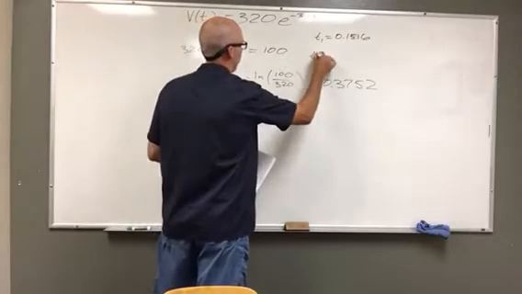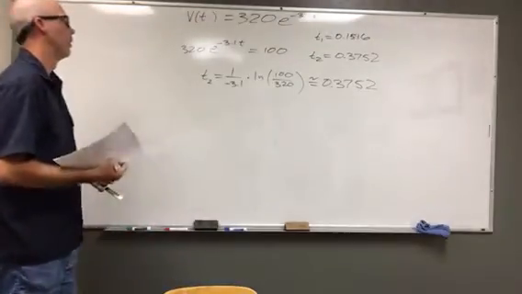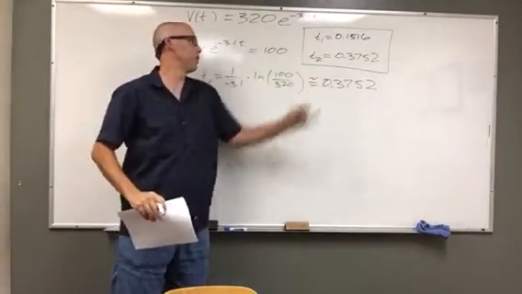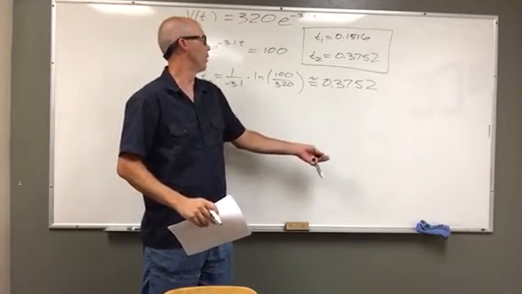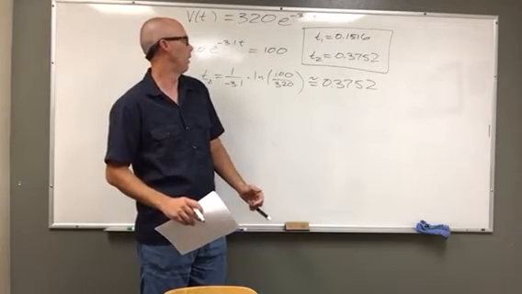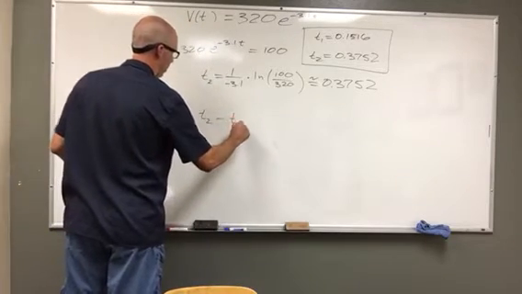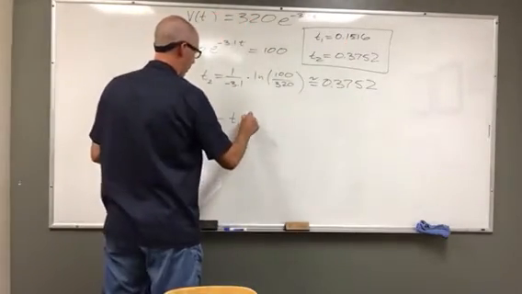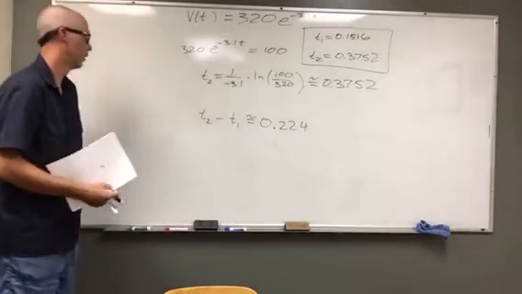Okay, so T2 is 0.3752. Now, how much time did it take to get from T1 to T2? Because how much time did it take to get from a voltage of 200, which happened at this time, to a voltage of 100, which happened at this time? It's T2 minus T1. So that minus that, and you get approximately 0.224.